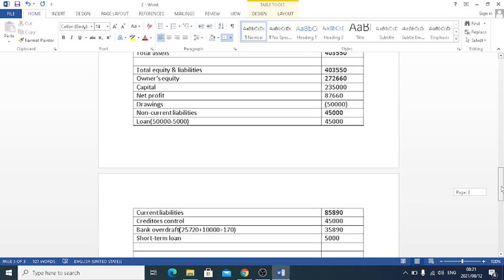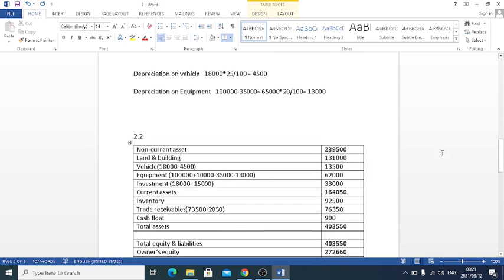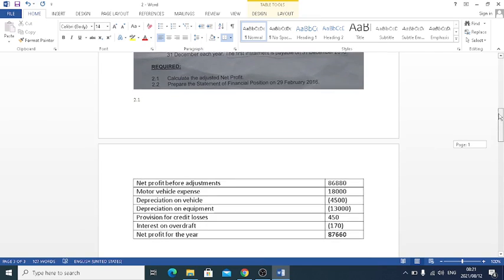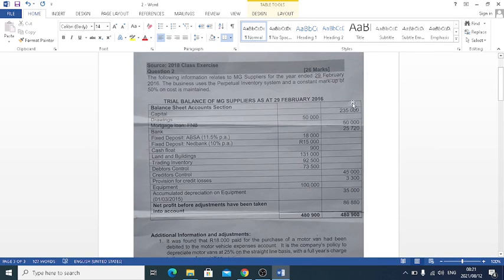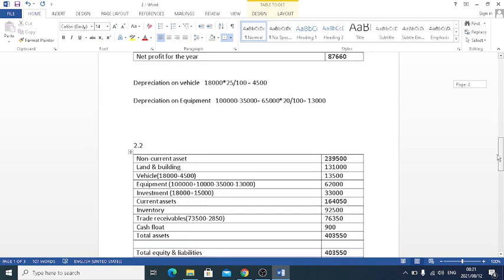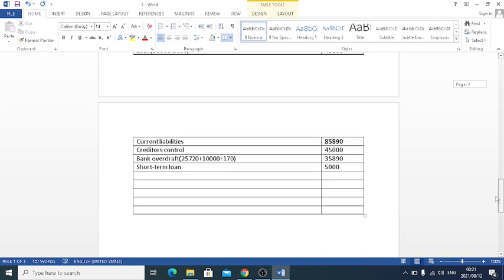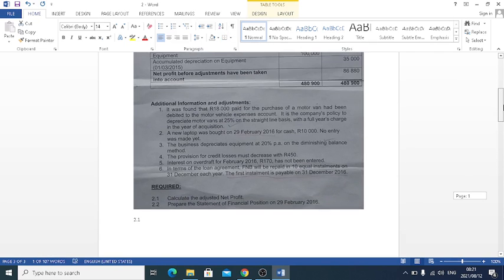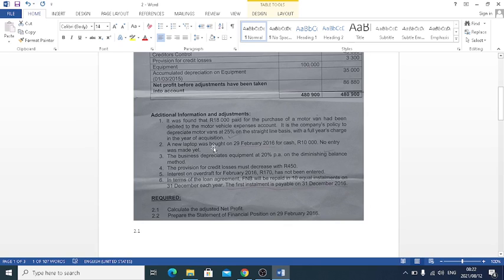Your bank is 27,000, 25,000. I meant to say 25,720. Your bank is 25,720 plus 10,000. Which is this 10,000? They said you bought a laptop for 10,000.